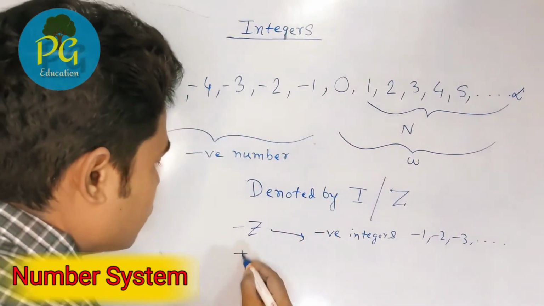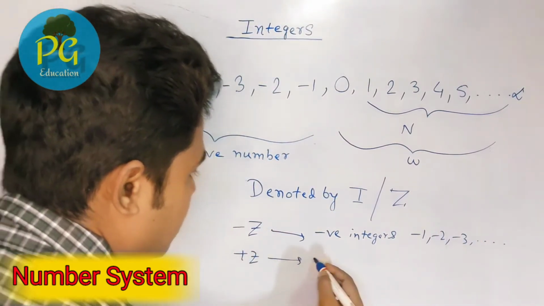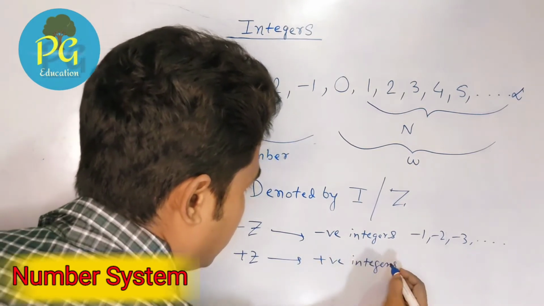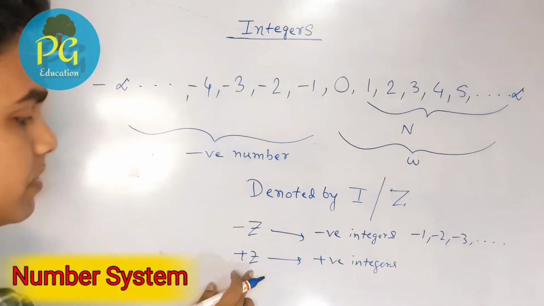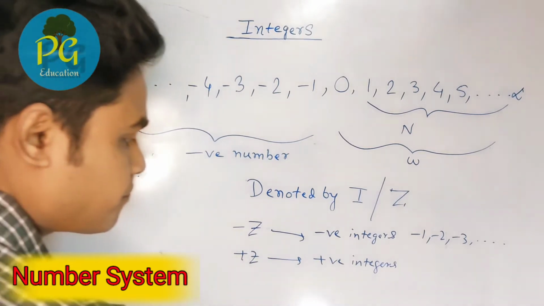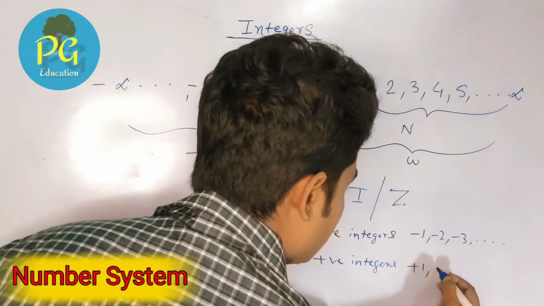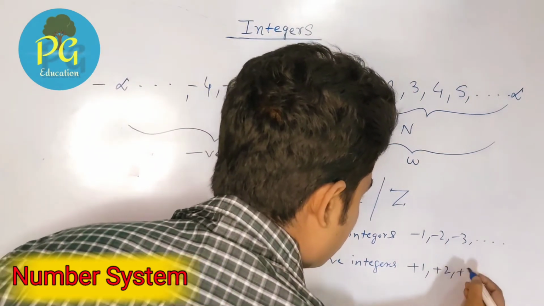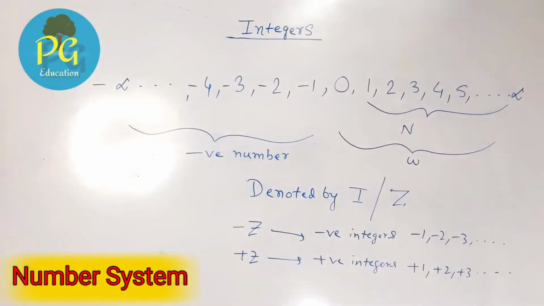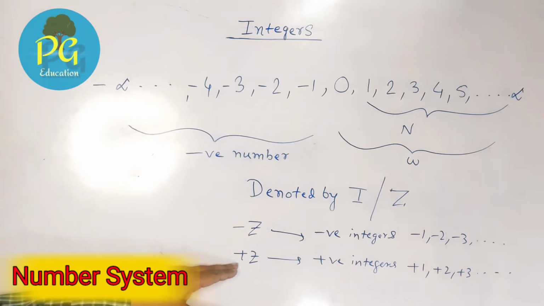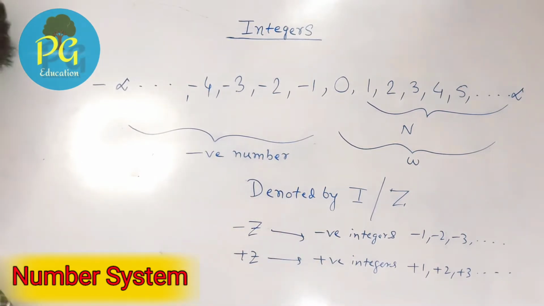If we write positive Z, that means it is positive integers, that means starting from 1 and so on. Remember, in negative integers and also in positive integers 0 is not included.